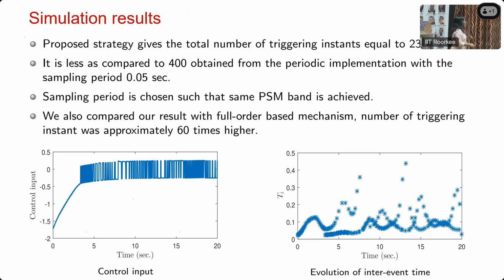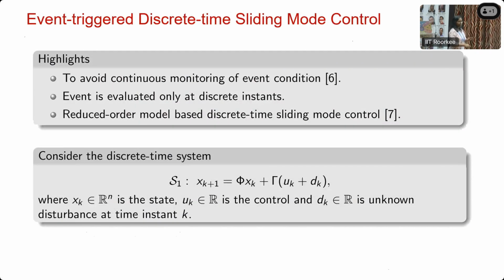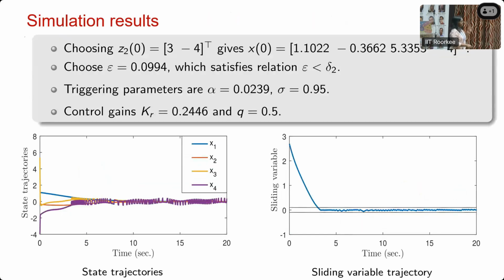And for comparison, we compared it with the periodic implementation. We kept this bound constant. We wanted to achieve this same bound using periodic implementation and using event-triggered implementation. For achieving this same bound, the sampling interval which we obtained was 0.05 in the periodic implementation.